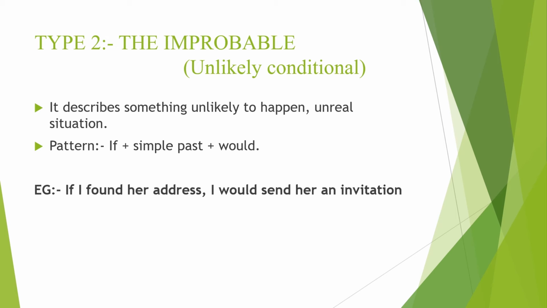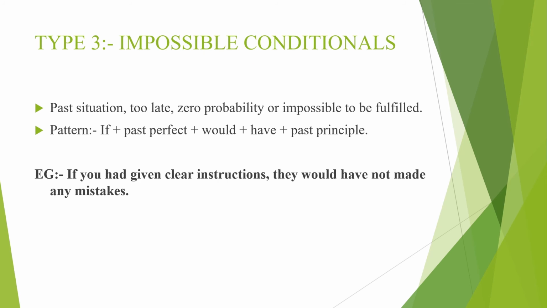The first half is the if clause, and the second half is the main clause. So always remember this. When we start a sentence with the if clause, we put a comma, and when we start a sentence with the main clause, we won't put any comma.